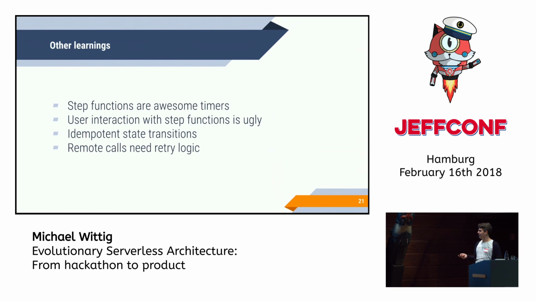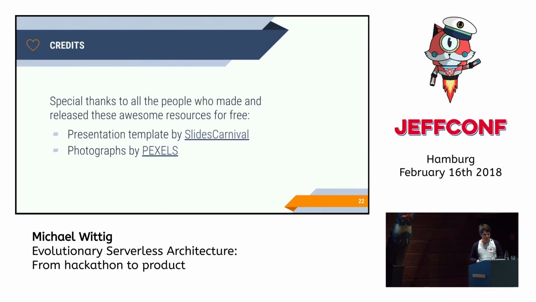And finally, if you make remote calls, for example, we call the Slack API quite heavily, you definitely need retry logic because the Slack API is down at least once a week. So you have to retry, and also retry a few minutes later until it's successful. And with Kinesis, that's really easy as long as you have idempotent implementations of your functions.